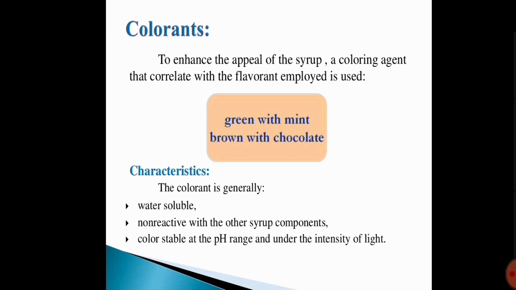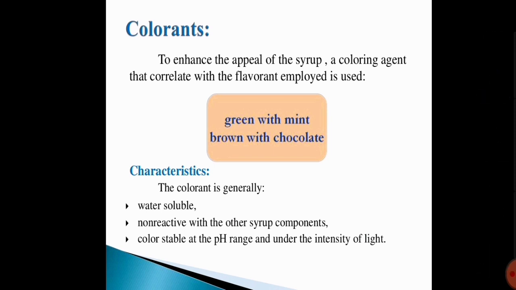Colorants are obviously to make the appearance of the syrup very nice to the patients, and it's known as the compliance of the patient. It means we have to satisfy the patient. To the pharmacist it's a customer, but if our customer goes to the doctor, then it's a patient.